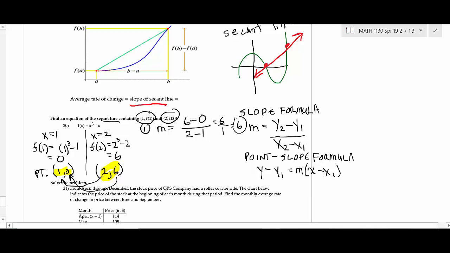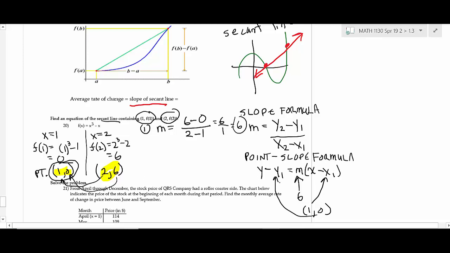Now, the way that you do this point slope formula is you plug in the average rate of change there. That's your slope. Then you pick a point, and it doesn't matter which point you use. I'm going to plug this in. So if I take the point 1, 0, the x goes there, and then the y goes there.